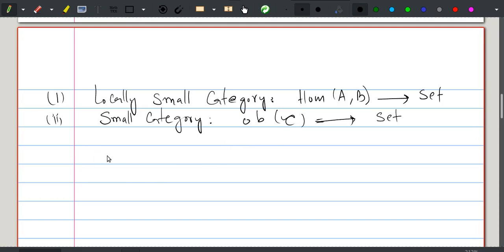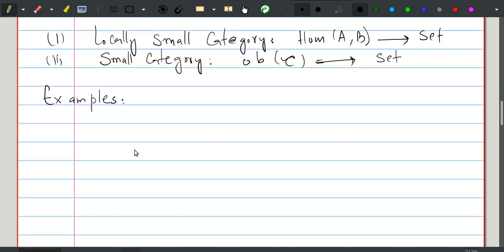Now let us do some examples. So first of all, we'll consider this category of sets. Let us denote this by S, with the fancy letter S. So this is the category of sets. In this category the objects are sets and the morphisms are just the maps between the sets.